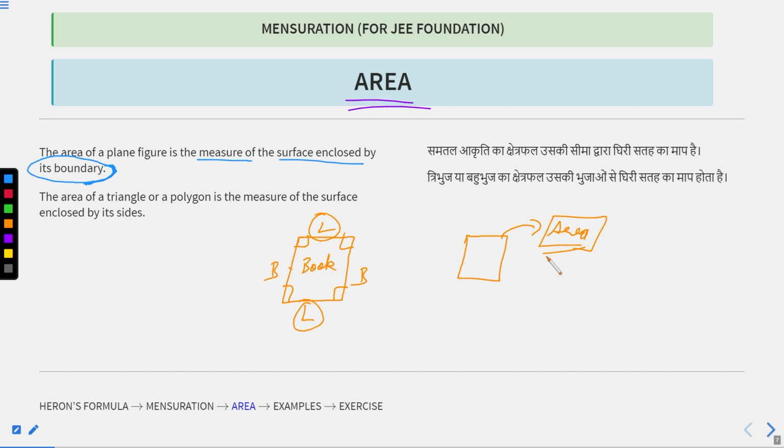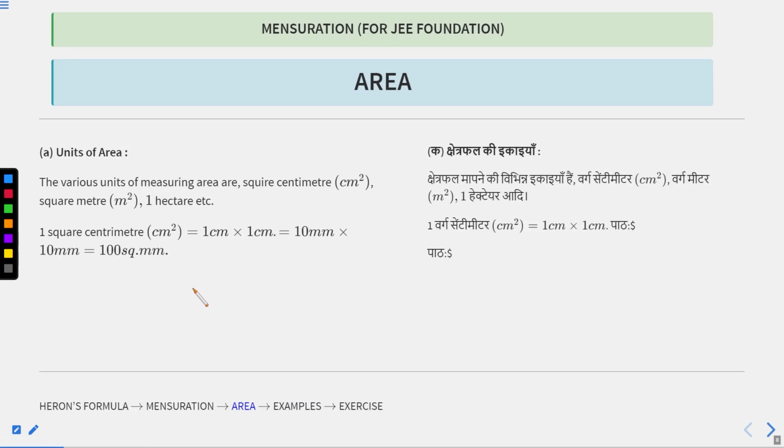I hope you are clear what we mean by area, and this concept is applicable on any shape, any structure you want. Okay, so let's move to next. I hope all things are clear.